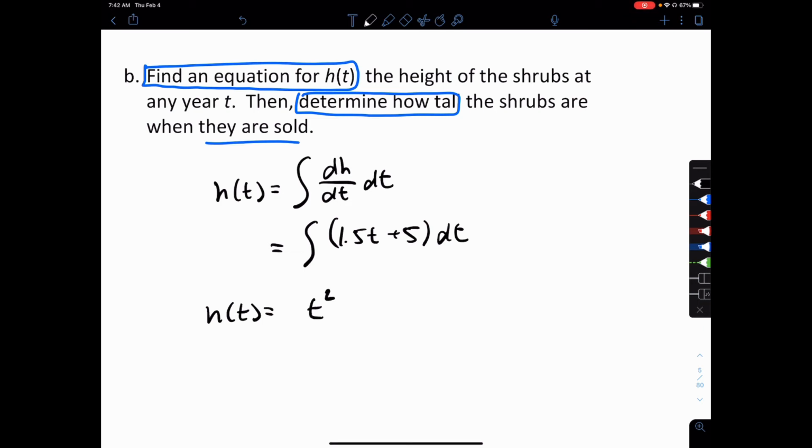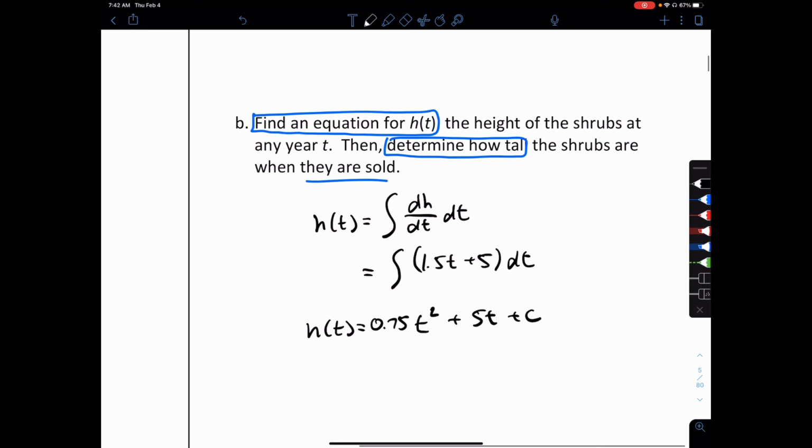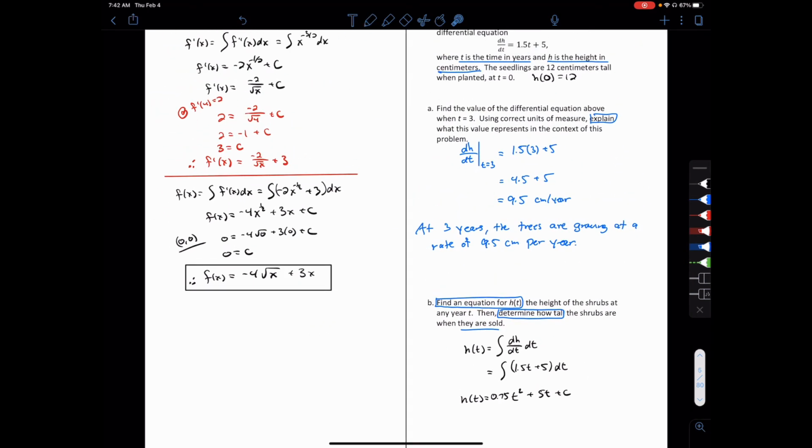So half of 1.5 is 0.75. And then the antiderivative of 5 is 5t. And then we add in our arbitrary constant. Now, to determine the actual function, we need an ordered pair for h so we can figure out what c is. And we have that ordered pair right up here.